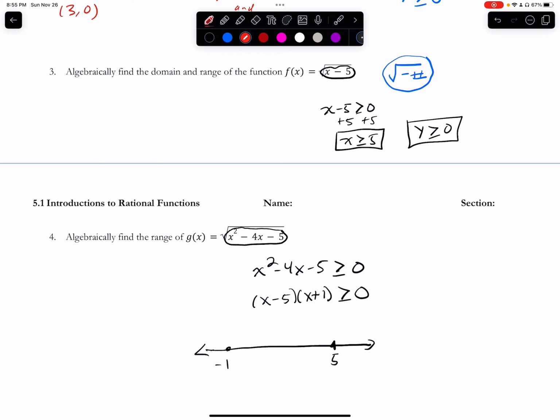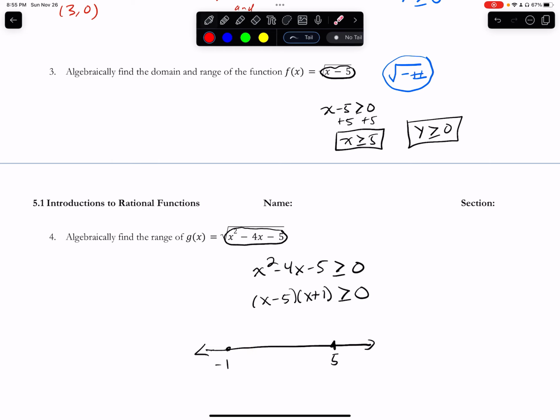So now, if it's equal to 0, we need to check what happens along this number line. The best thing to do is choose the easiest number to substitute in, and for me that would be 0.